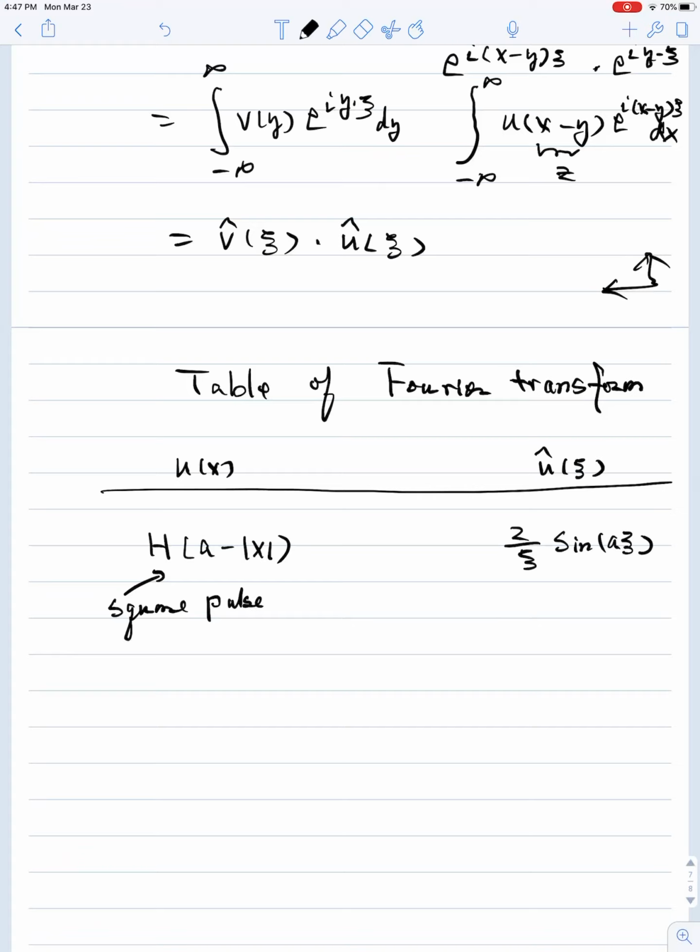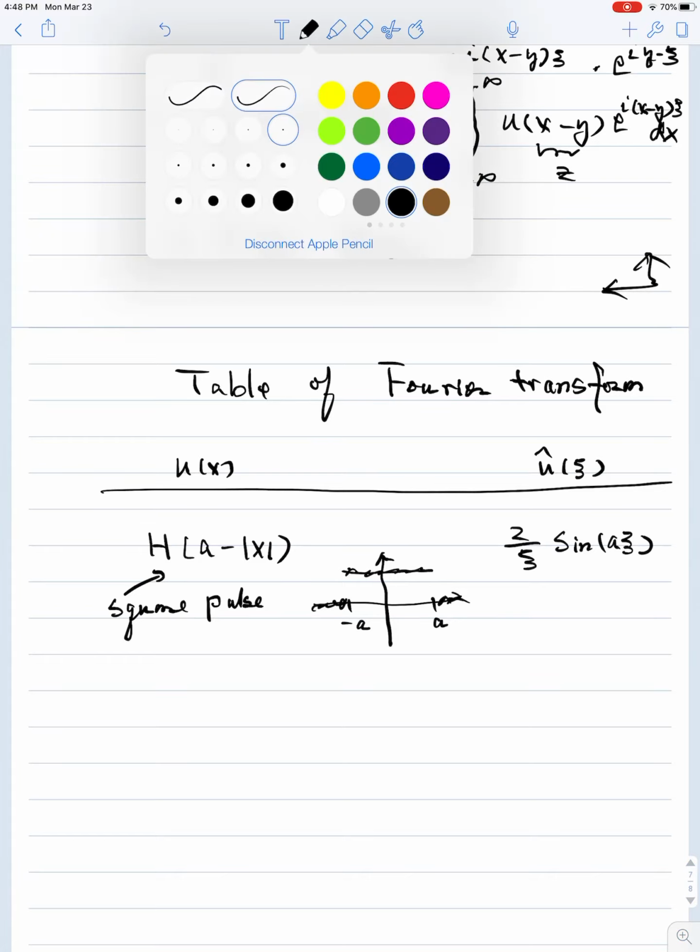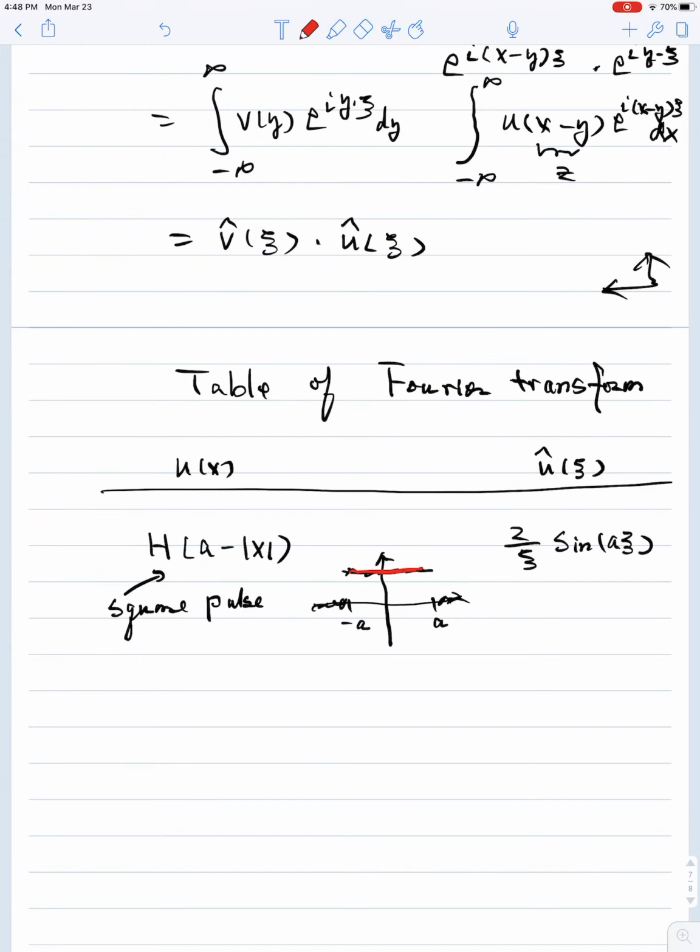If you want to draw the graph, it looks like this. From negative a to a, it is 1 here, and it is 0 here. Let me change the color so you can see the 1 here and the 0 here.